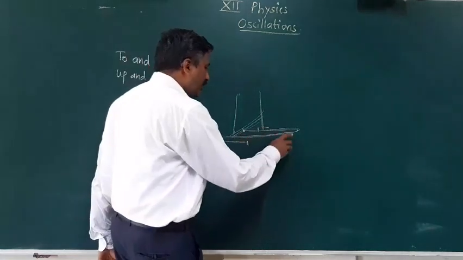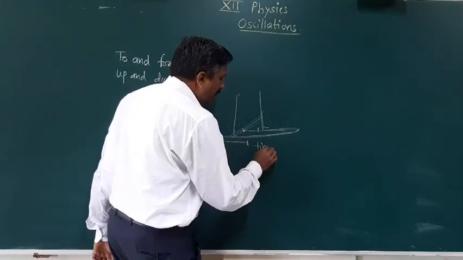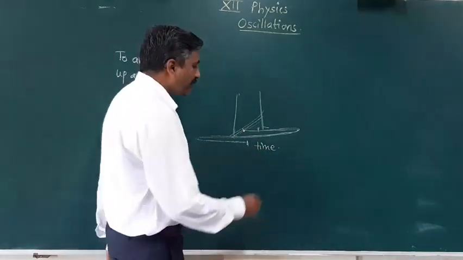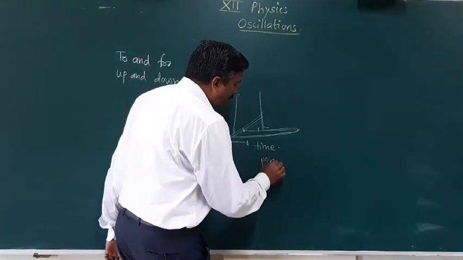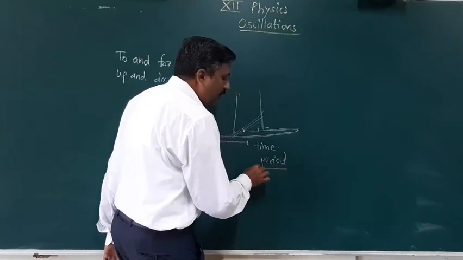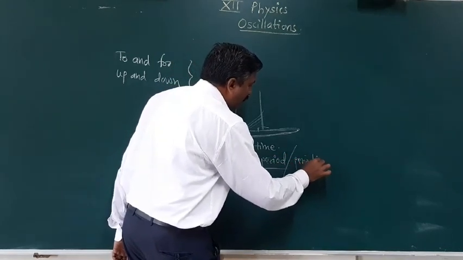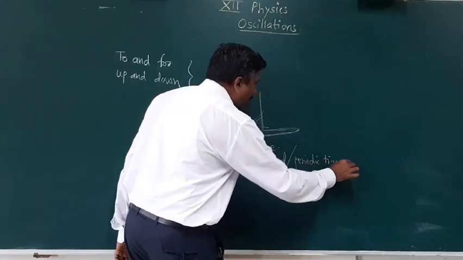When it completes one oscillation, some time is required to complete the oscillation. Whatever is the time required to complete the oscillation, that time is called the period, or another name is periodic time. Very simple.